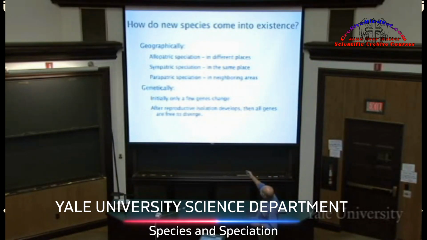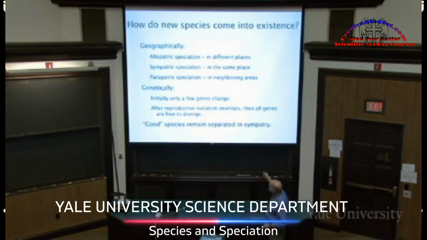And genetically, as you've seen from Chung-I Wu's analysis, initially there are only a few genes that are changing. So even though you have 35,000 genes in the genome, speciation might be driven by 4 or 5. And that's what might allow it to occur fairly quickly. And then after reproductive isolation, the changes in those genes mean that all the others will diverge.